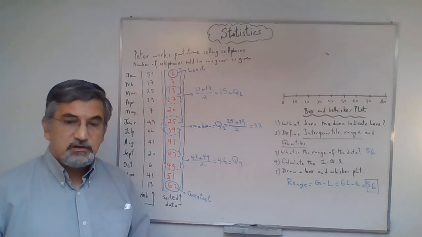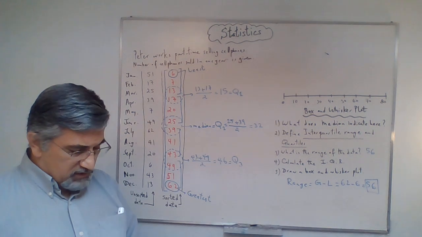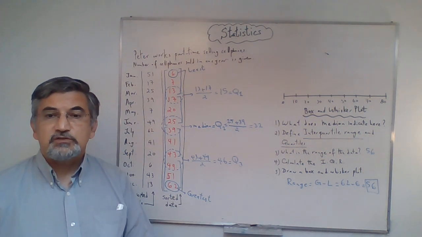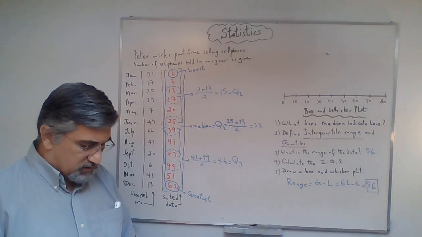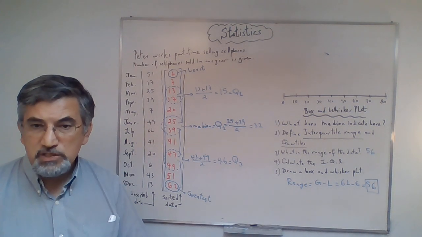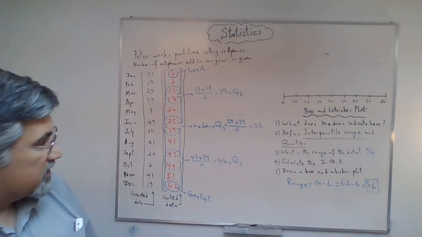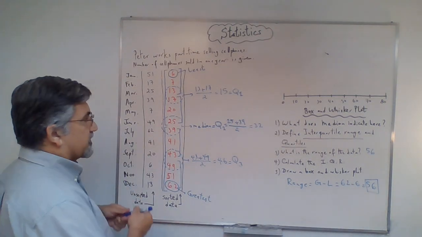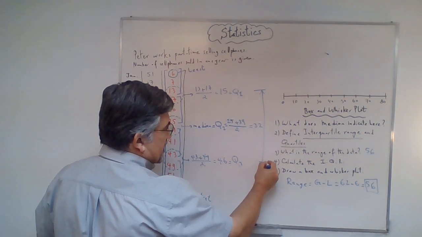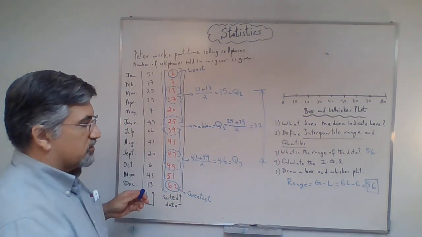Now, interquartile range is the range of the central half of a set of data when data are arranged from least to the greatest. And it's also a measure of how closely data clusters around its mean. So basically, if I find the distance between Q1 and Q3, that would be interquartile range.